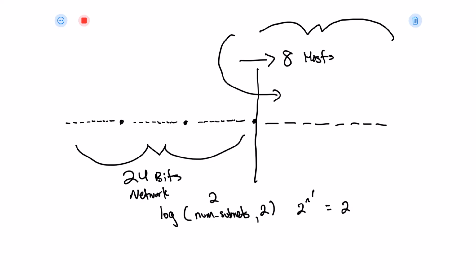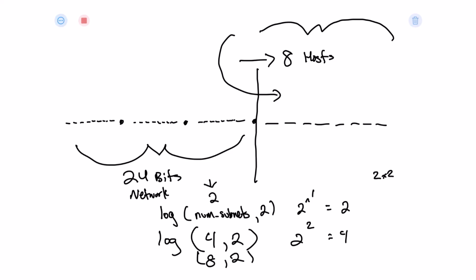So it's going to equal this value here. If we do the same thing and we put a 4 here, then of course 2 to the what power will give us 4? Then we know that's 2 to the second power, or basically 2 times 2, and we can keep going. Again, if we use log to create 8 subnets, that's 2 to the third.